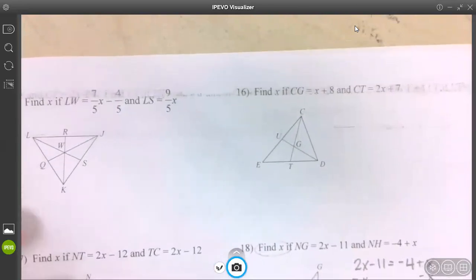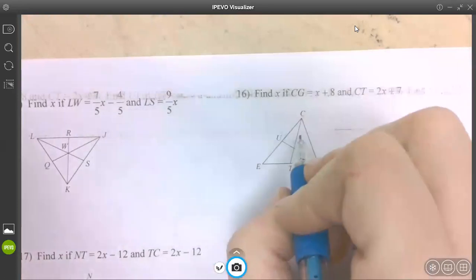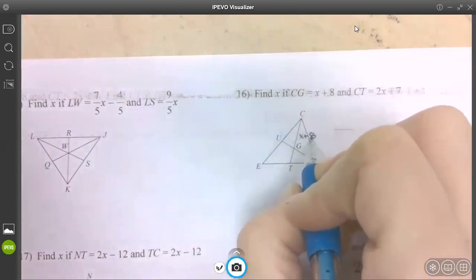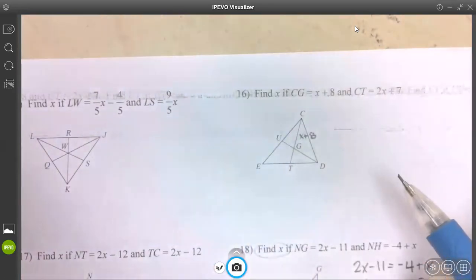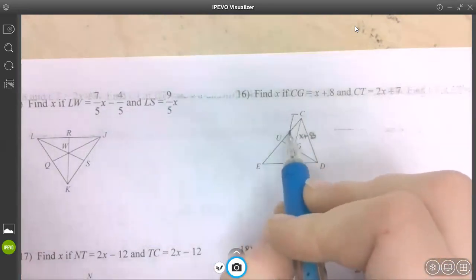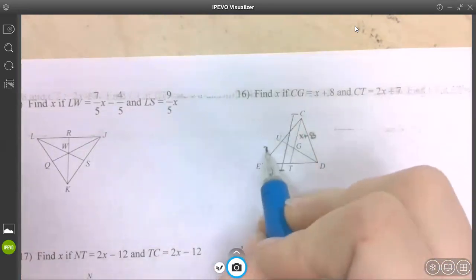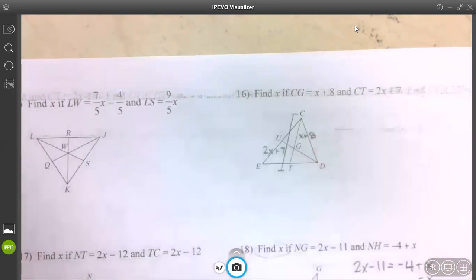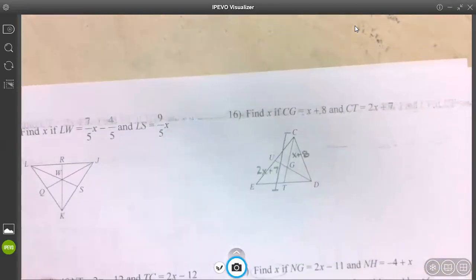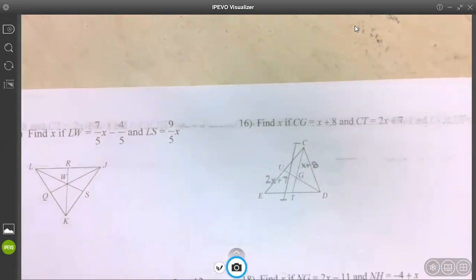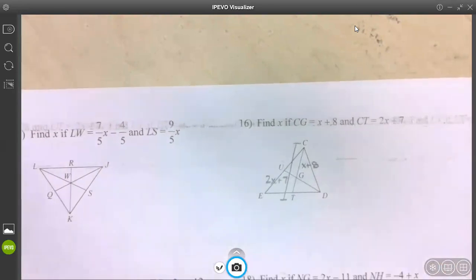So your formula for this, now we're talking about inside. It says CG is x plus 8, and the full length is 2x plus 7. What you need to understand is that there is a formula for this.